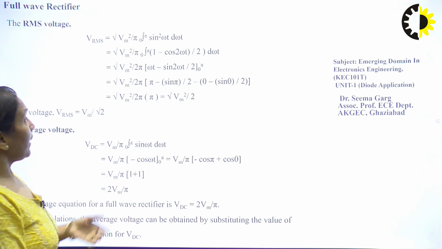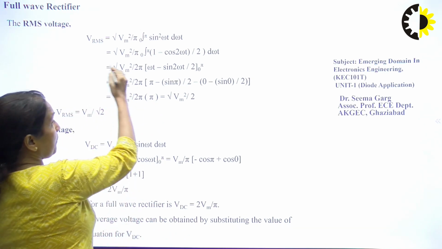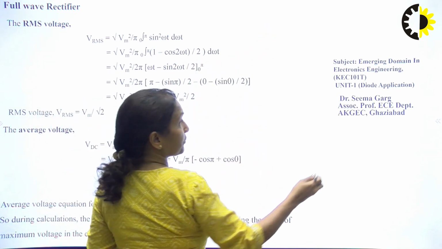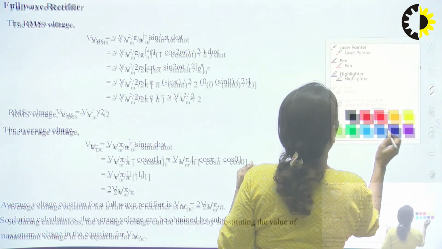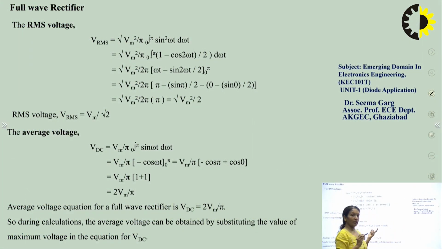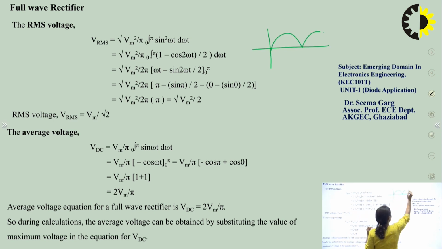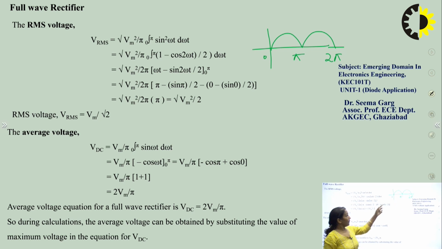In case of the full wave rectifier, the output waveform is this. Here we can see that the signal is repeating after pi only. We have the same signal during the span 0 to pi, and again the signal repeats from pi to 2 pi.